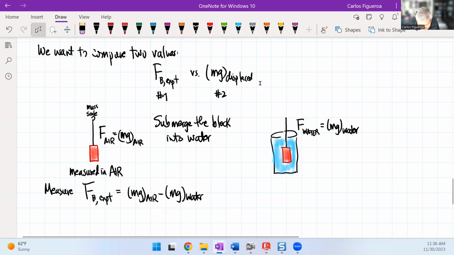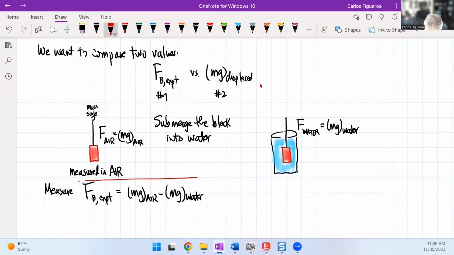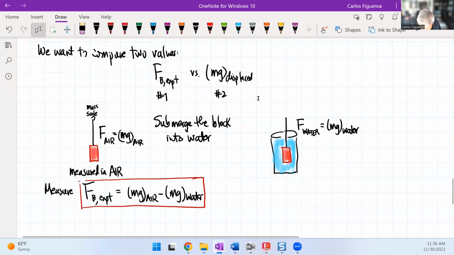It's going to look like it lost weight. You are going to be using these green scales, which are calibrated in Newtons. That's not Kelvin, so we're good.